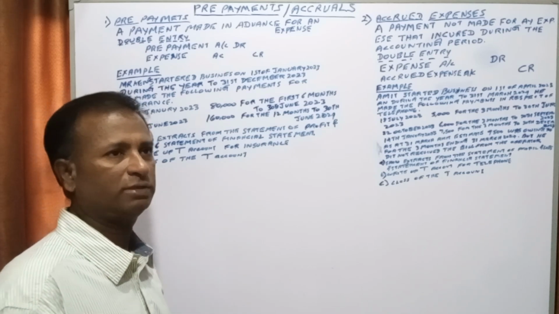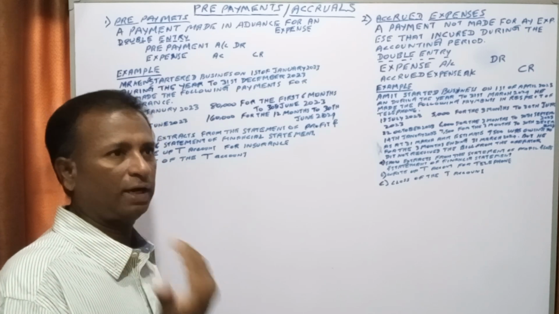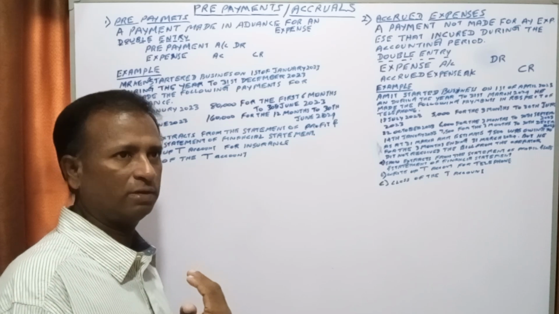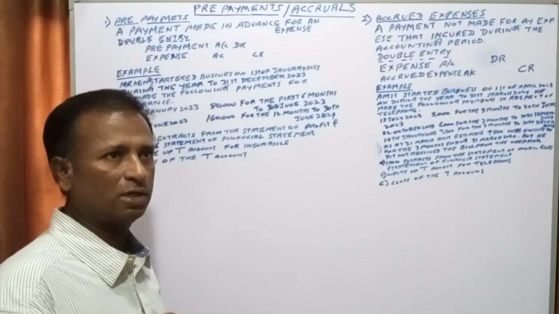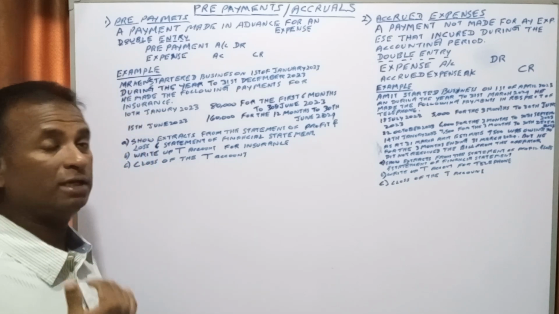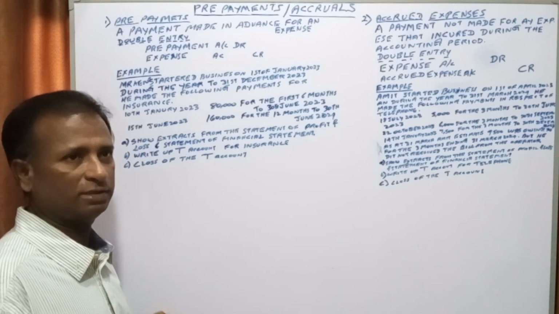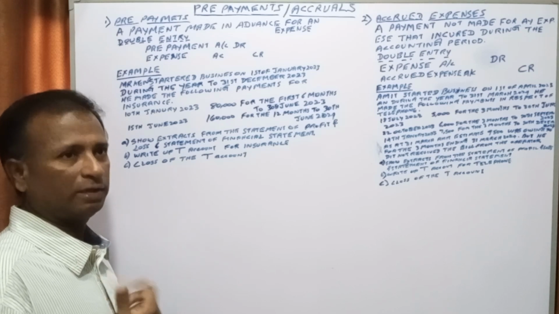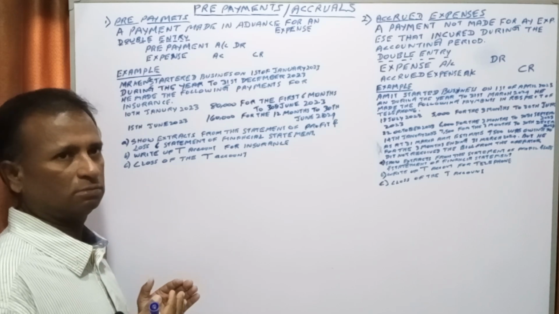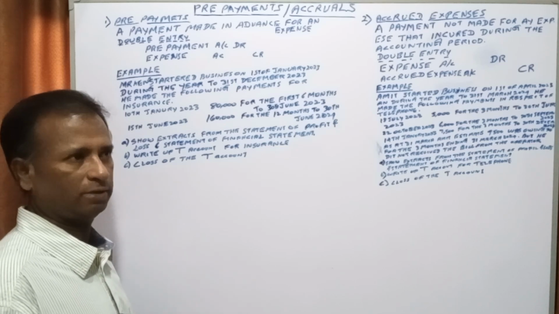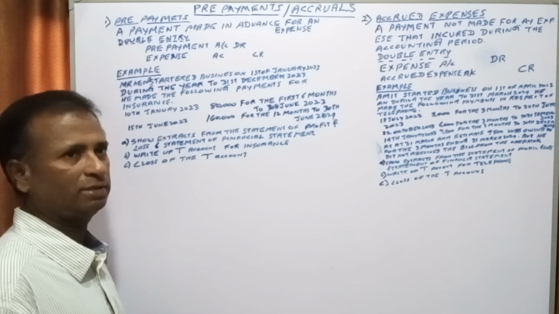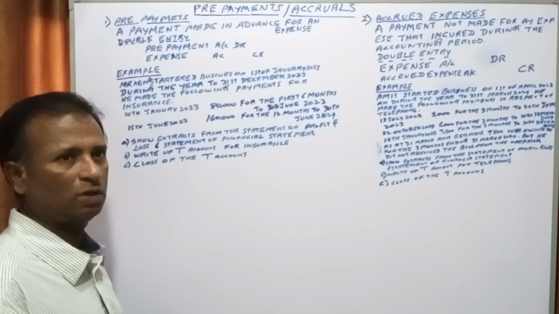That means the cash account is credited and the particular expenses account is debited. An increase in expenses is always debited, and a decrease in cash, a decrease in assets, will be credited. So the cash account is credited and the particular expenses account is debited. At the time when the transaction takes place, we pass that entry.